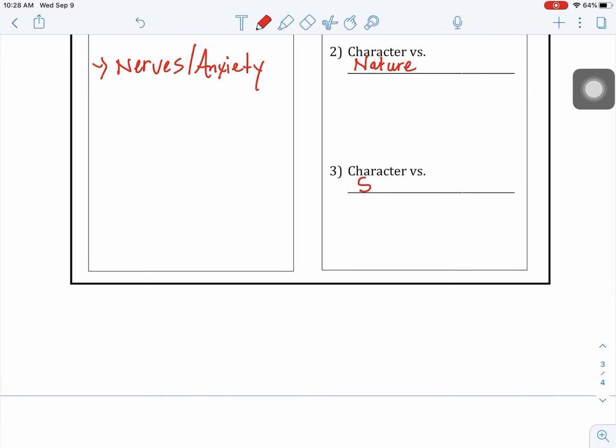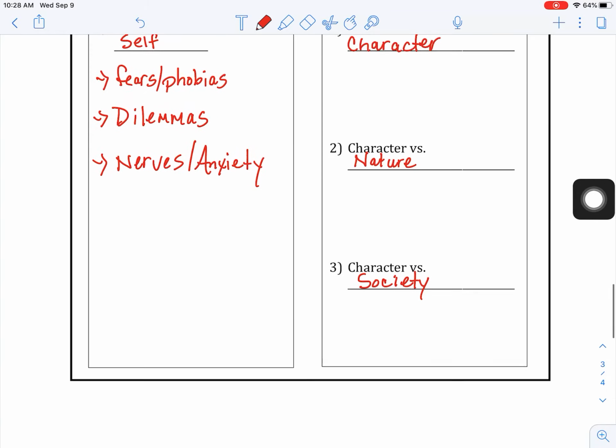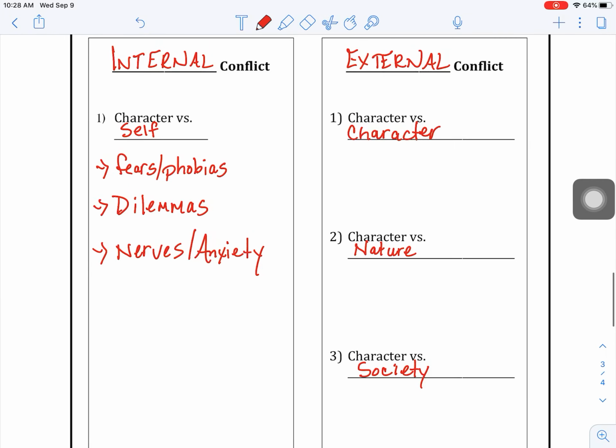And we many times see a character up against a group, up against society. Many dystopian novels are character versus society novels. And those will be the various types.